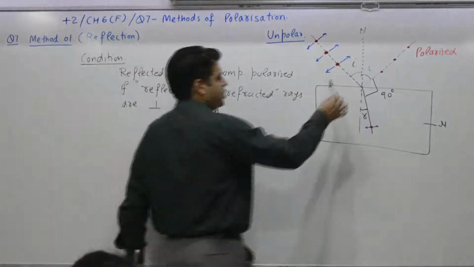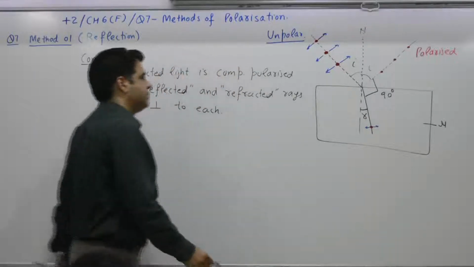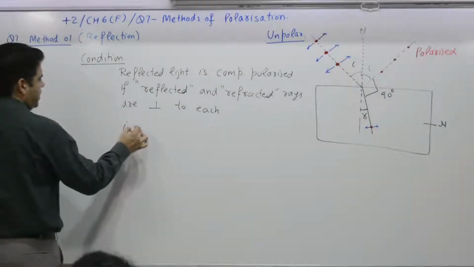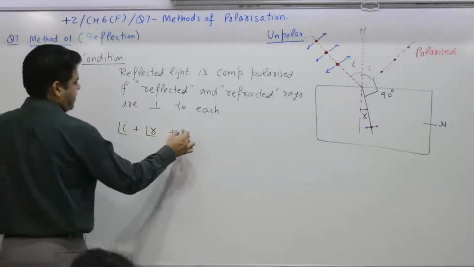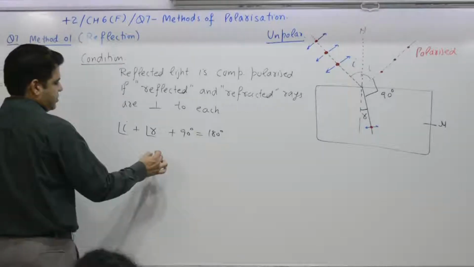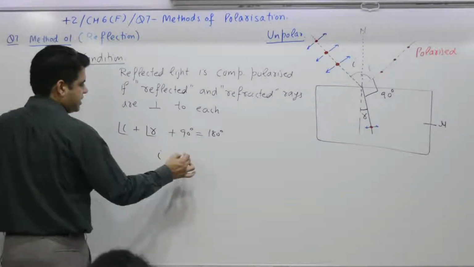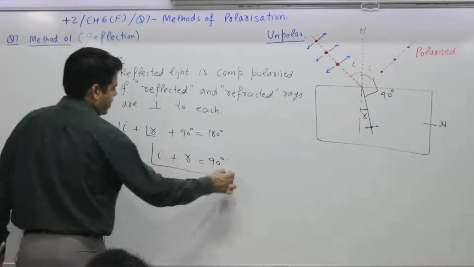This total angle is equal to what? I plus 90 plus R, I plus R plus 90 degree is equal to 180 degree. So I plus R is equal to 90 degree. This is 1.